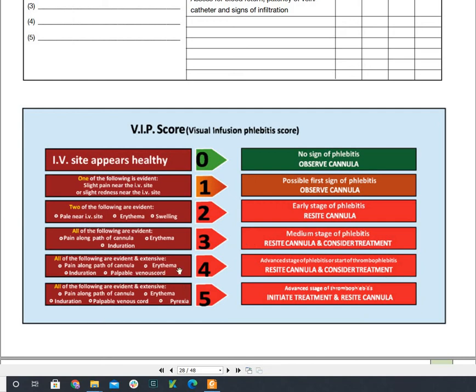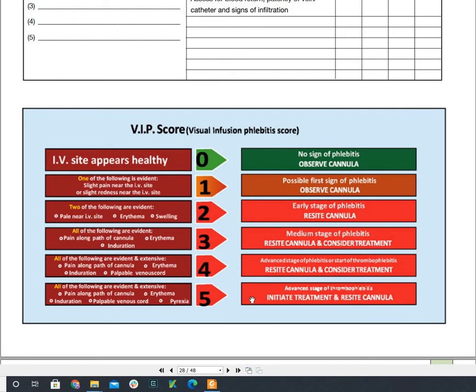If all of the following are evident and extensive, pain along path of cannula, erythema, induration, palpable venous cord, then we document a score of 4. Advanced stage of phlebitis or start of thrombophlebitis, resite cannula and consider treatment. If all of the following are evident and extensive, pain along the path of cannula, erythema, induration, palpable venous cord or pyrexia, then we document a score of 5.